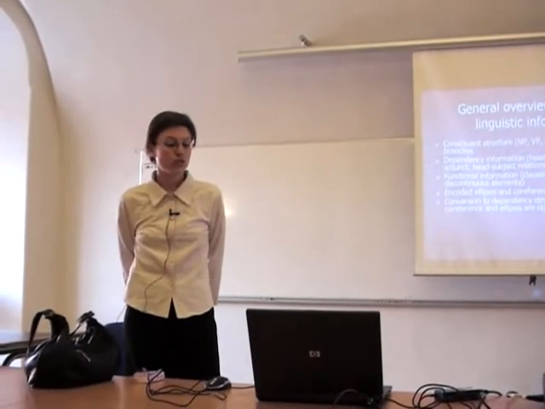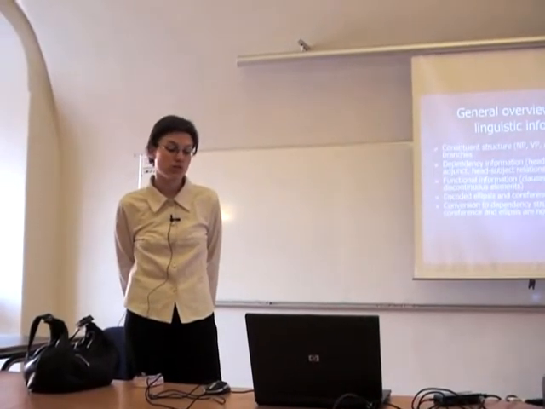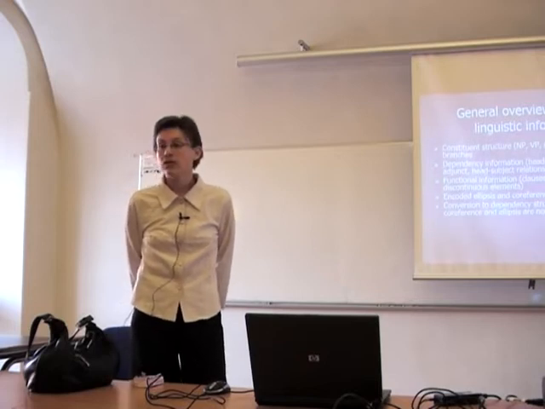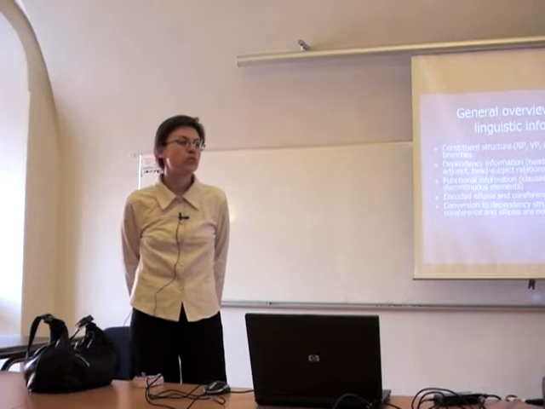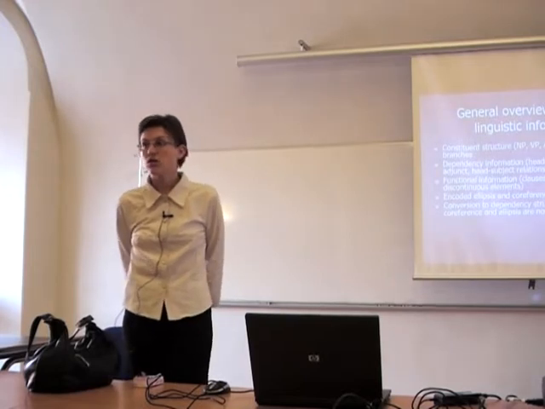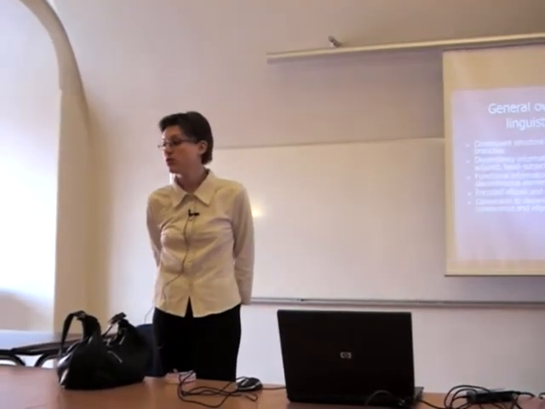So what linguistic information is encoded in our Treebank? We have the constituent structure, so the traditional labels such as nominal group, verbal group, and so on, with crossing branches, because in Bulgarian the word order is relatively free, so we cannot do without crossing branches. Dependency information, later on you will see in what way it is displayed.